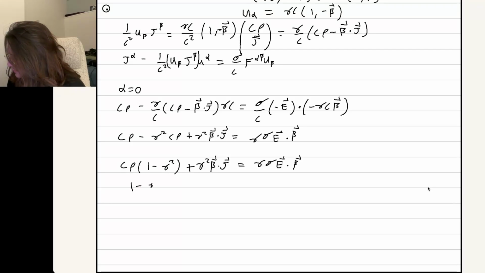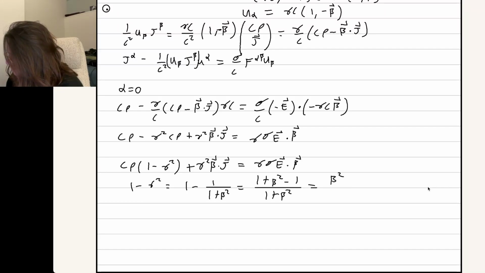And 1 minus gamma squared equals 1 minus 1 over 1 plus beta squared, which is 1 plus beta squared minus 1 over 1 plus beta squared, which is beta squared over 1 plus beta squared, which is beta squared gamma squared.